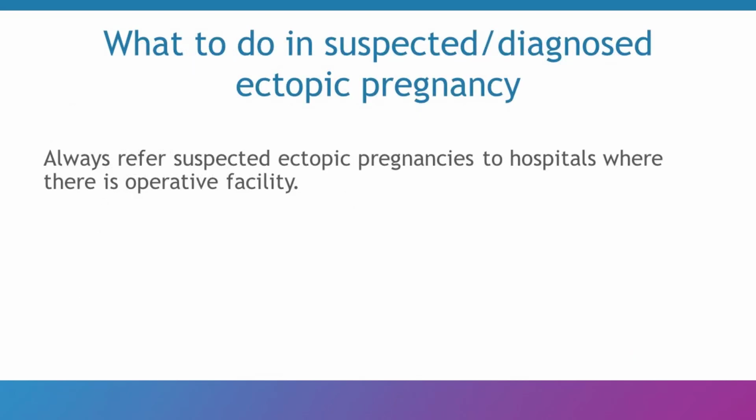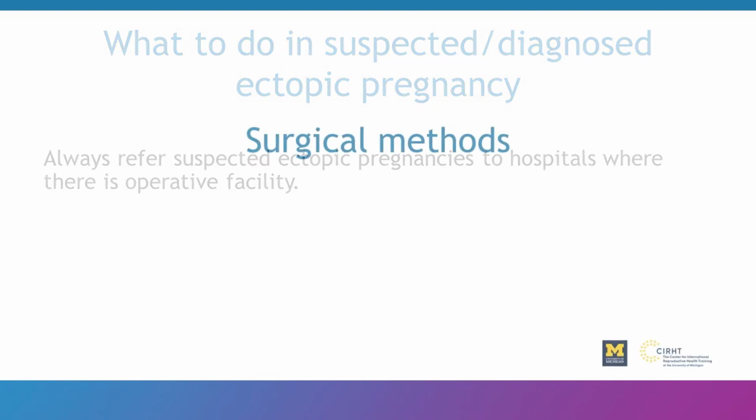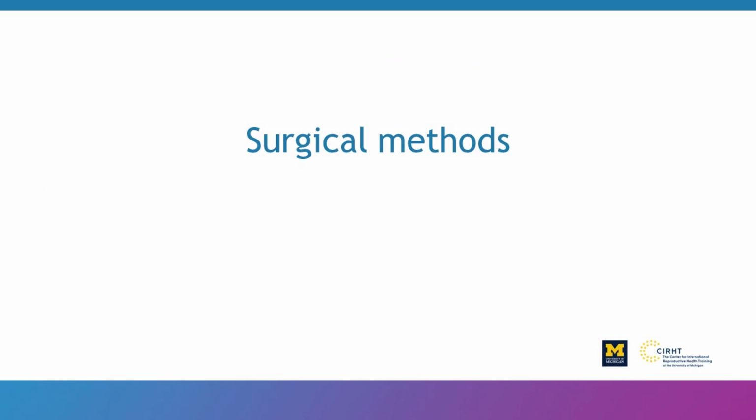And this is again what I would like to stress: in case of suspected or diagnosed ectopic pregnancy, we should not use medical abortion. If we suspect it, we have to refer to the place where these women are handled with the best care and operative facilities. The other way of termination of pregnancy is surgical methods.